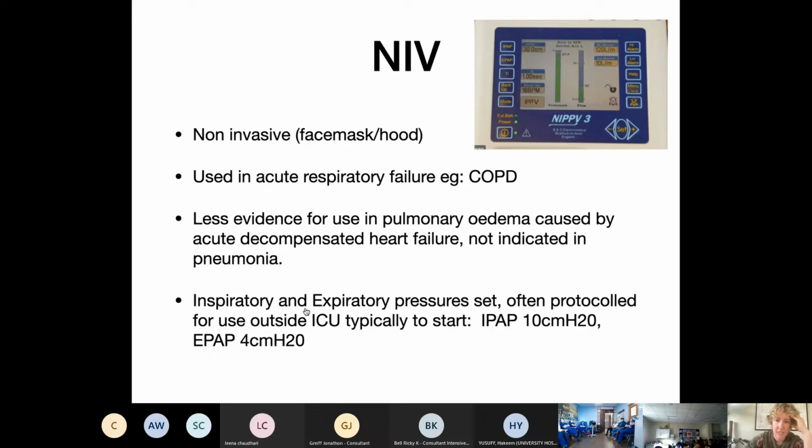Inspiratory and expiratory pressures are set, and it's often quite protocolized for use outside ICU. Typically a protocol might start on relatively low pressures with an inspiratory pressure of 10 and an expiratory pressure of 4. And like I said, this is not really used commonly on intensive care and is often very protocolized.